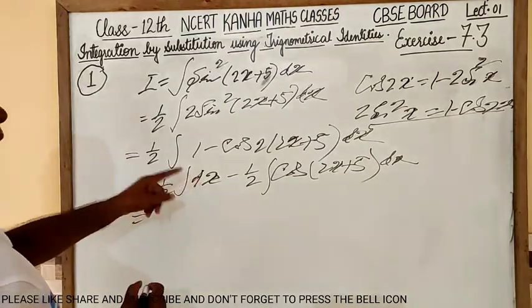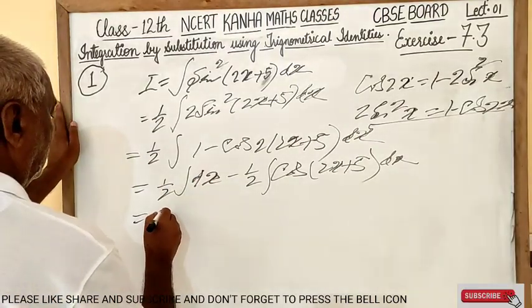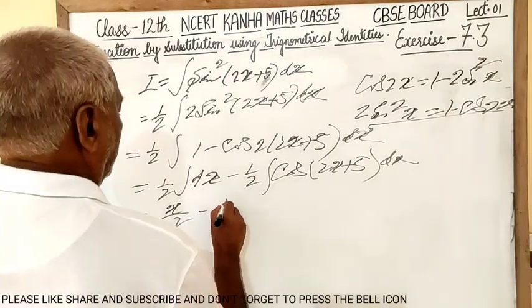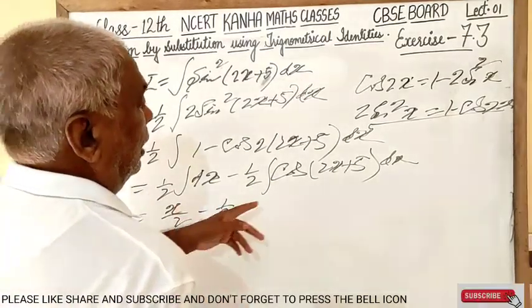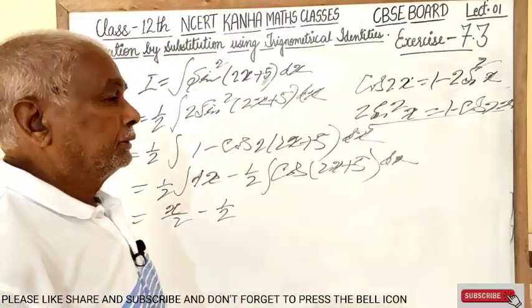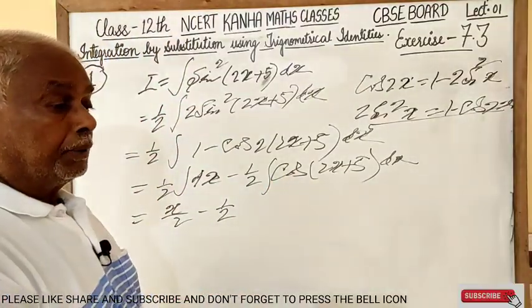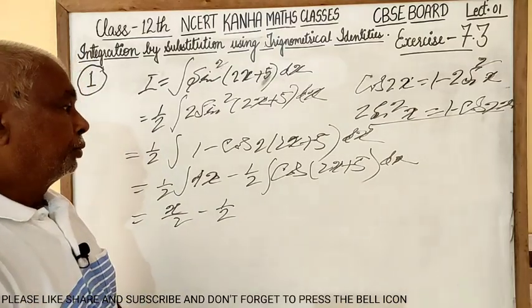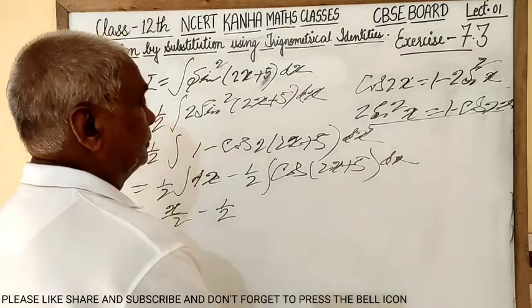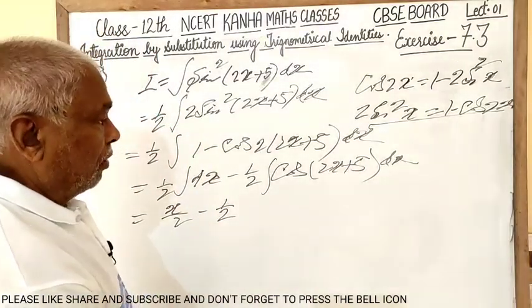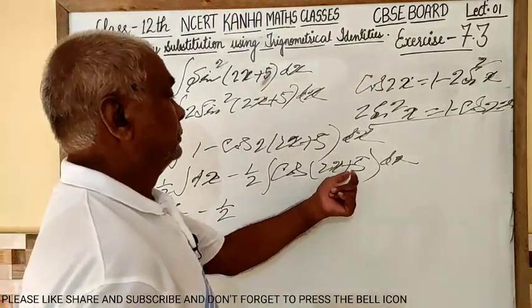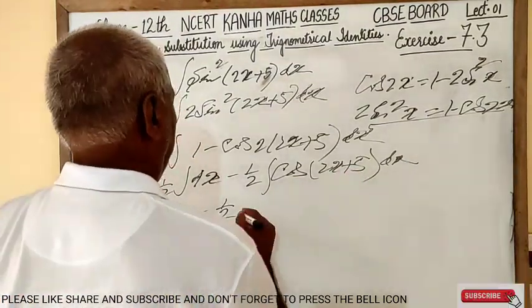Integral of dx will be x. So, x by 2 minus half. We know the integral of cos x is equal to sin x. Hence, integral of cos 2x plus 5 will be equal to sin of 2x plus 5 divided by the derivative of this quantity.